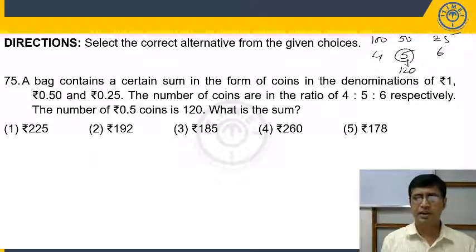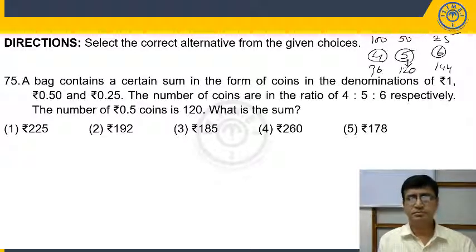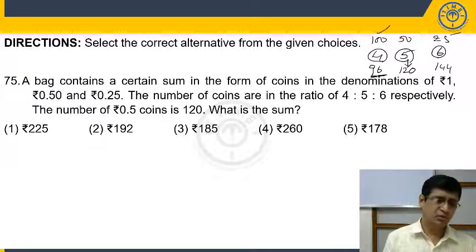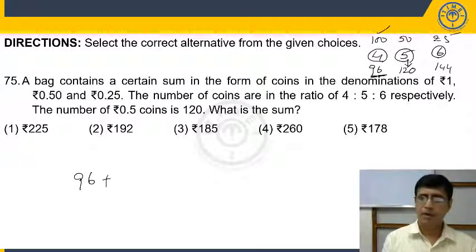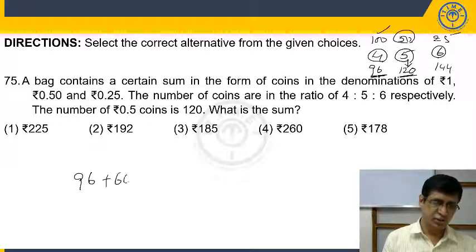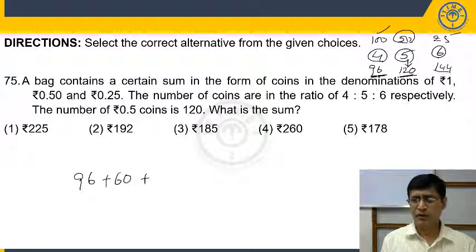The value of this 5 is given as 120, which means it is becoming 24 times. 24 into 4 is 96, and 24 into 6 is 144. Am I right? 96 coins of 1 rupee, so 96 rupees. 120 coins of 50 paise, 60 rupees. 144 coins of 25 paise.